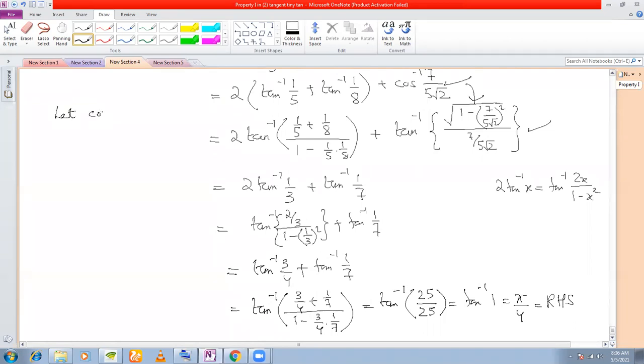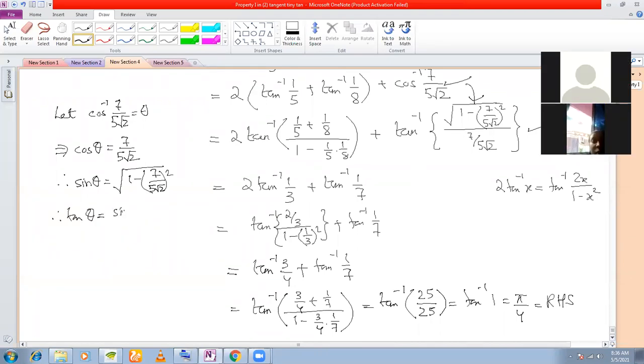Let cos inverse 7 by 5 root 2 be equal to theta. That means cos theta is equal to 7 by 5 root 2. So what should be sin theta? It should be root over of 1 minus cos square.